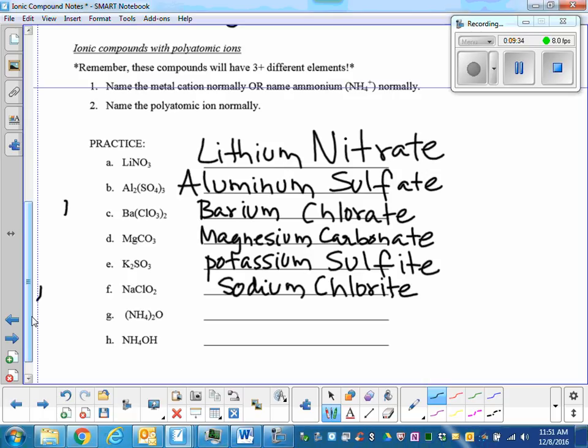Are we understanding this? Aiden, what is this first polyatomic ion? Do you recognize it? Will you find it on the periodic table? It's a polyatomic ion. What is its name? Look carefully.